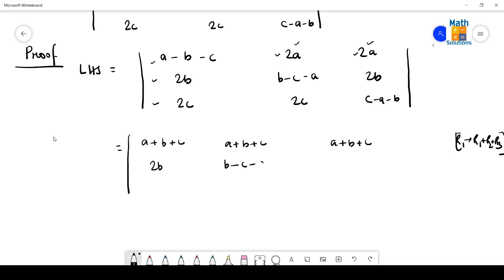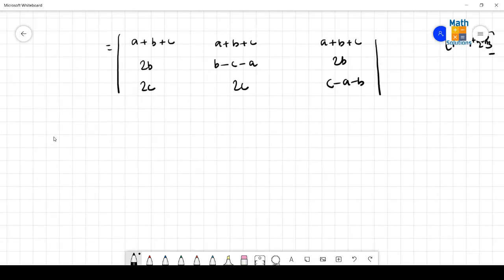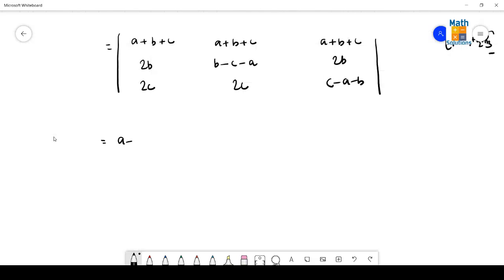B minus C minus A, twice B, twice C, twice C, then C minus A minus B. So this is the result we are getting. So from the first row we can take common A plus B plus C. Taking common A plus B plus C, what do we get? 1, 1, 1.